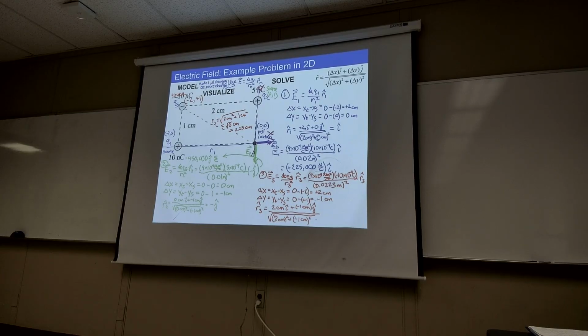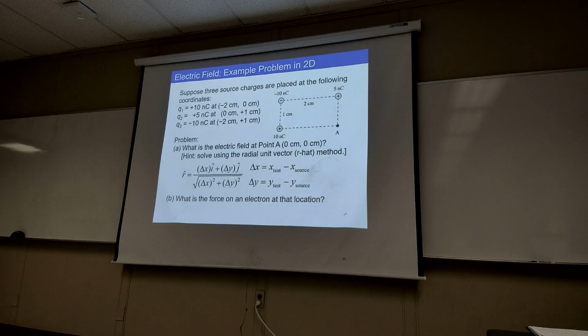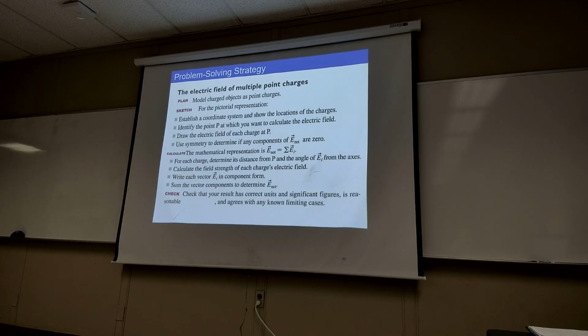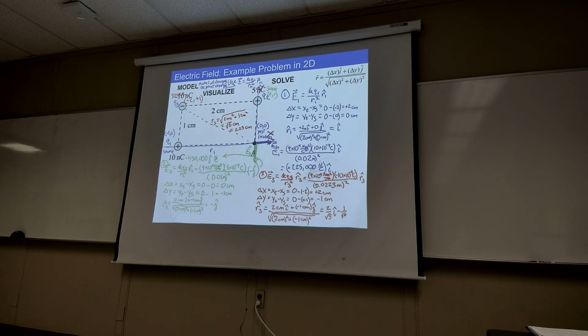That's going to be square root of 5, right? So, end of the day, 2 over square root of 5 i hat minus 1 over square root of 5 j hat. Okay, and that is going to go in here. Okay. Questions here?